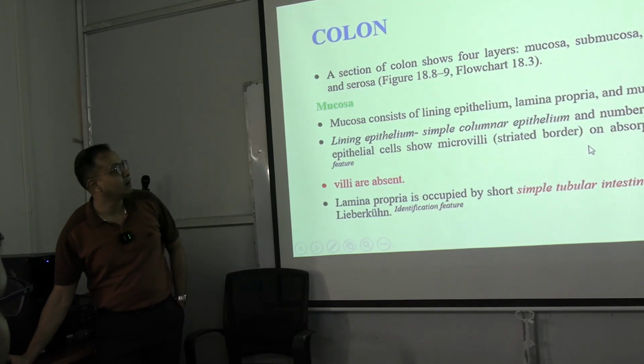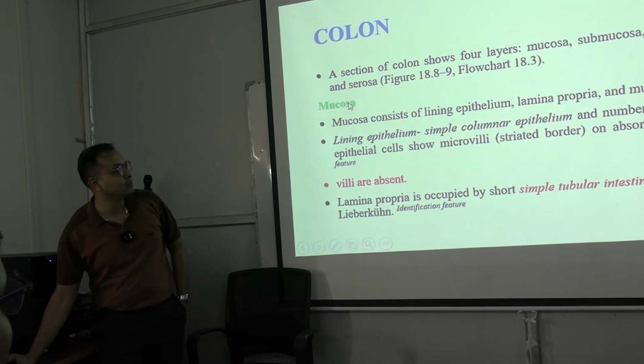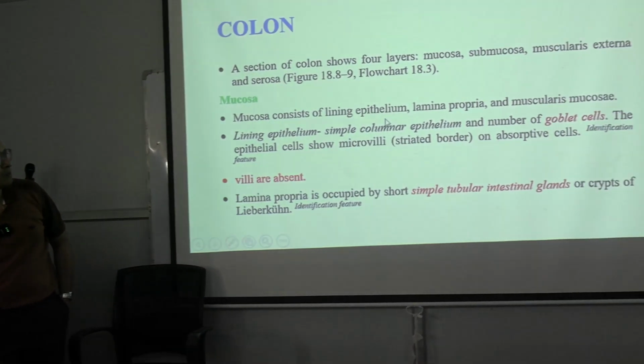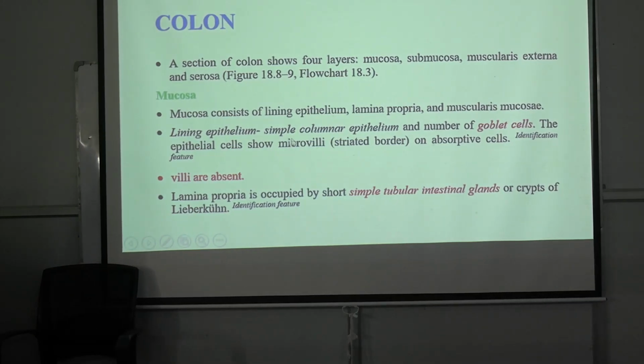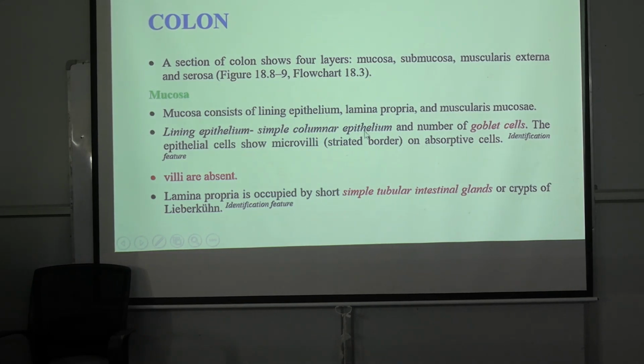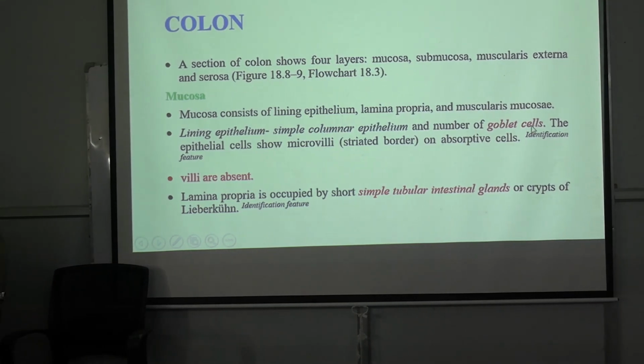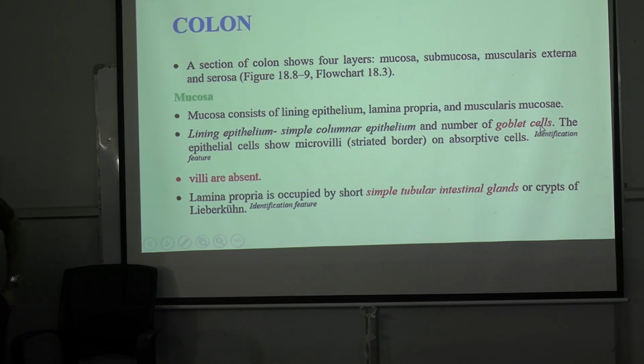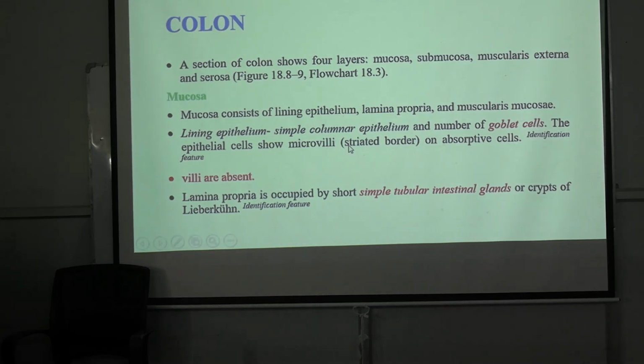So to start with, the mucosa has a lining of simple epithelium, a single layer of columnar cells, and the number of goblet cells, the mucus secreting cells, is high. Then there is absence of villi but presence of the crypts of Lieberkuhn, the intestinal glands.